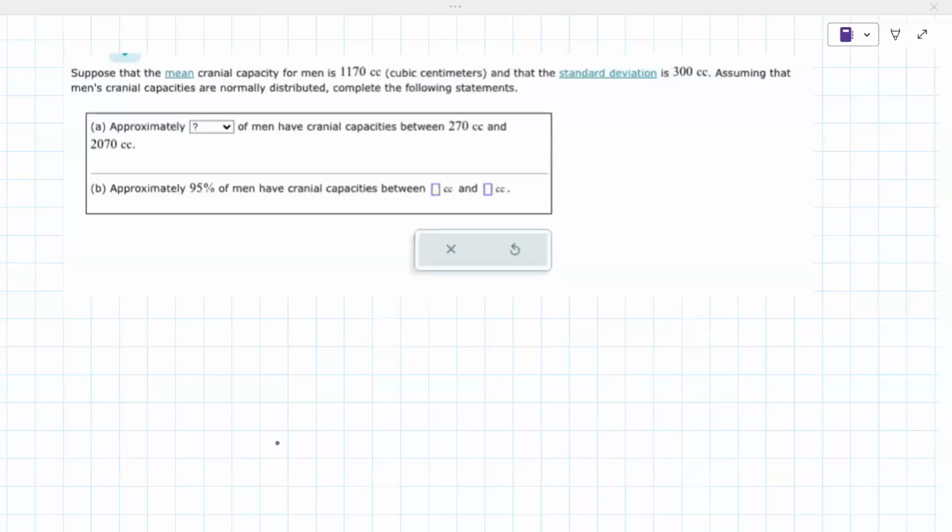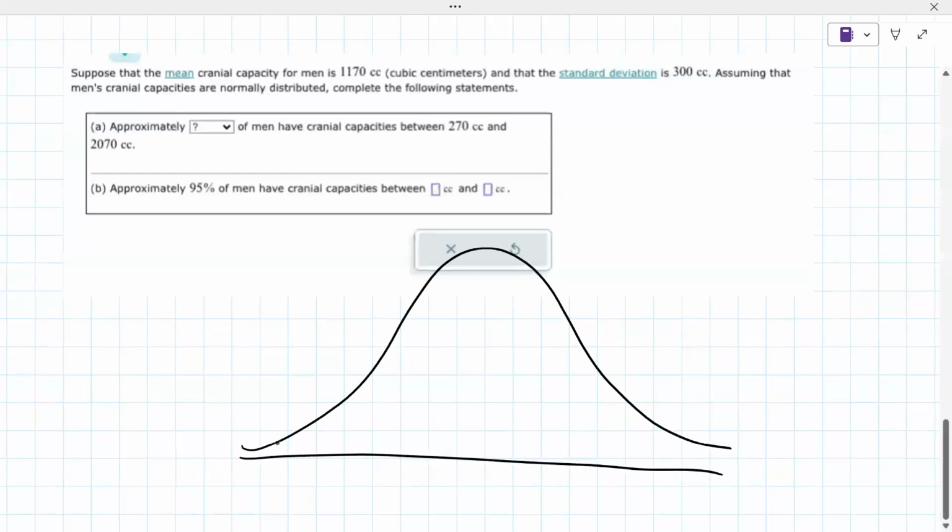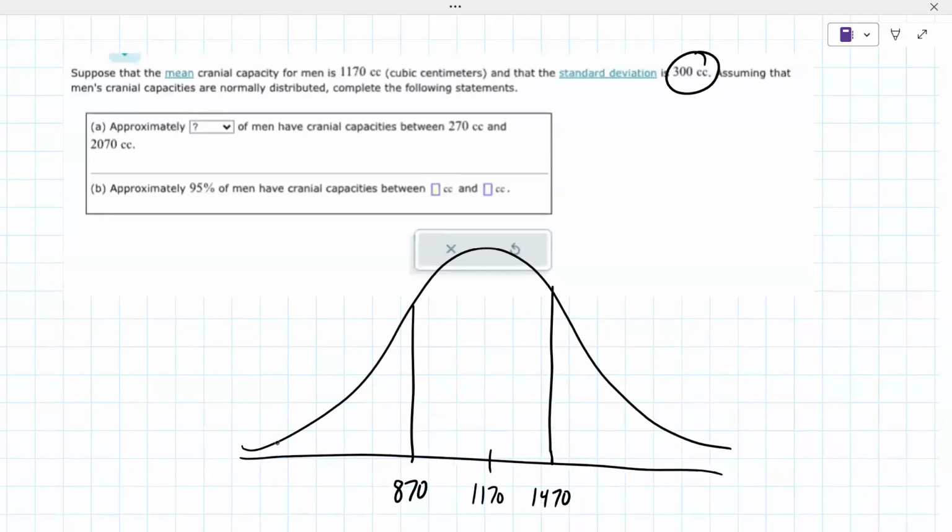So the idea is that right in the middle is 1170. If we go out one standard deviation in each direction, we're adding 300 and subtracting 300. So that's 1470 and then 870. That's where it's getting thrown off.